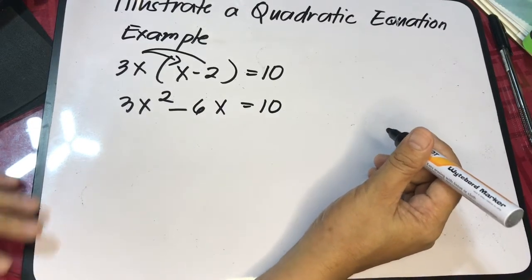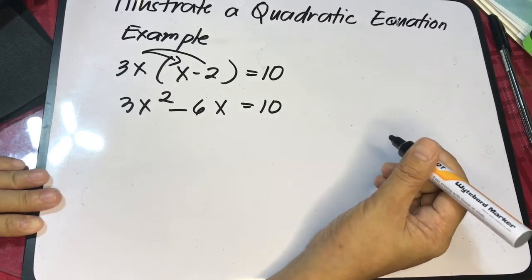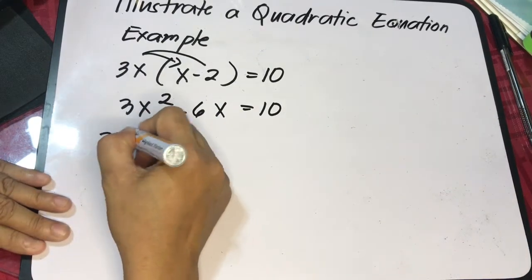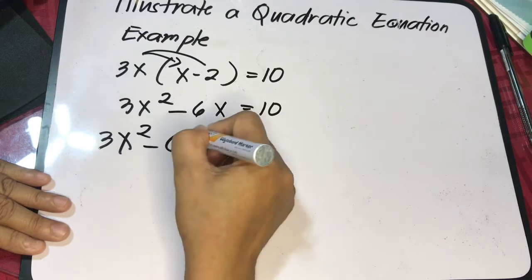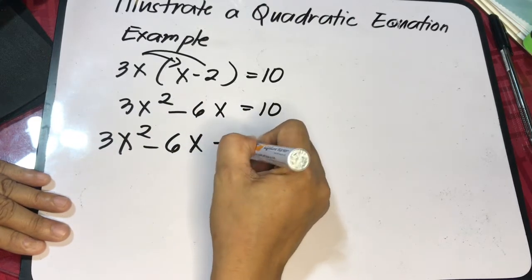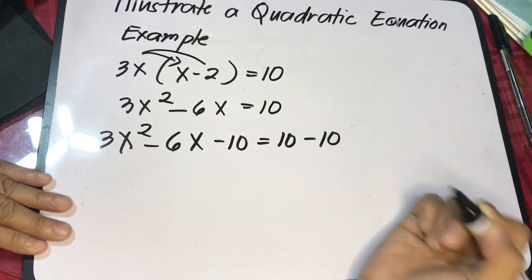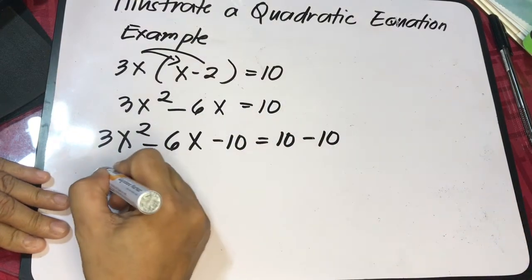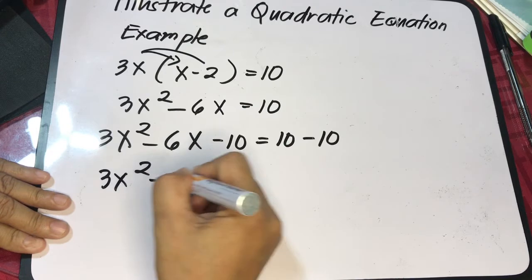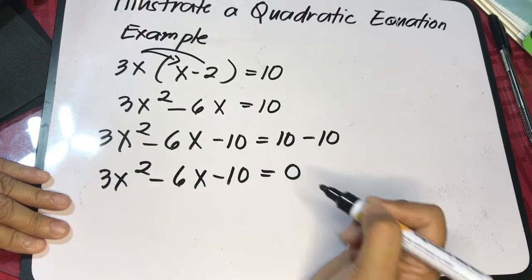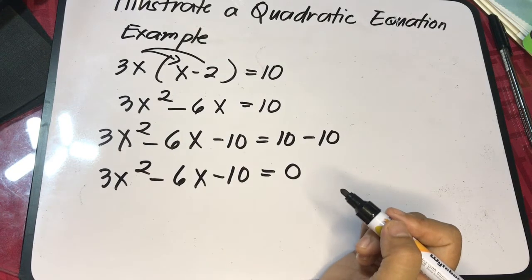So we're going to subtract 10 from both sides. We have 3x squared minus 6x minus 10 is equal to 10 minus 10. Okay, so 3x squared minus 6x minus 10 is equal to 0.